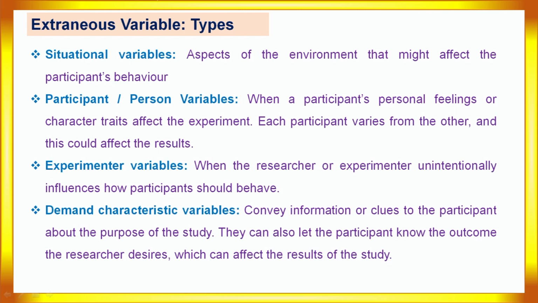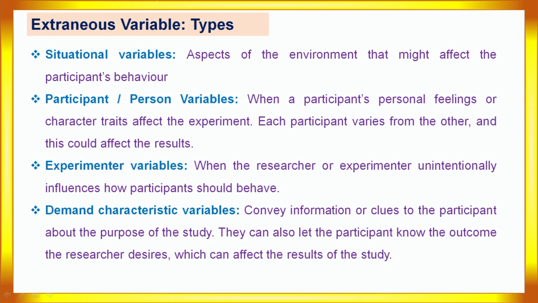When a situational factor is acting as an extraneous variable, the most feasible solution is to standardize the research condition. When a participant or person type extraneous variable is operating, random assignment of subjects or use of statistics is the most feasible solution.